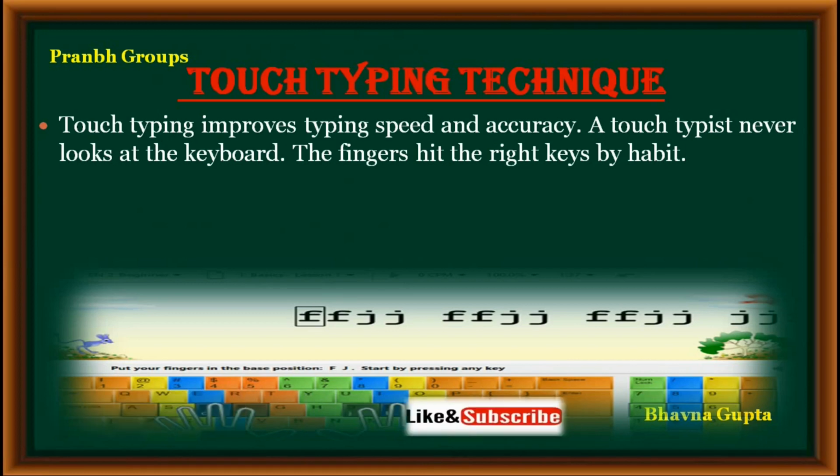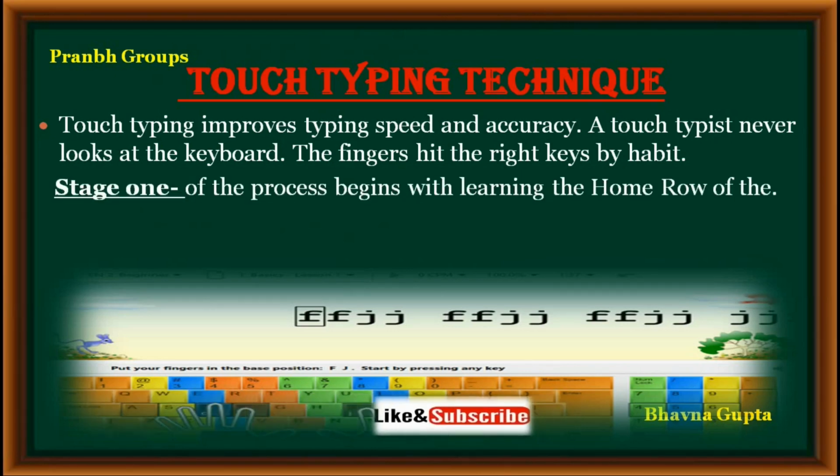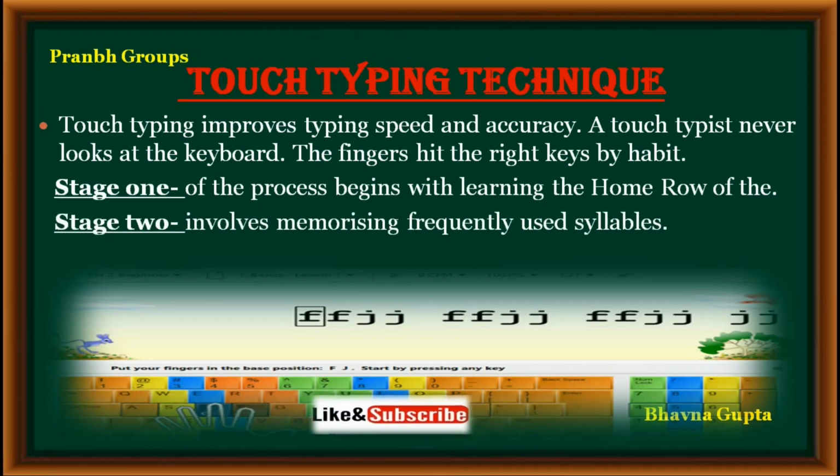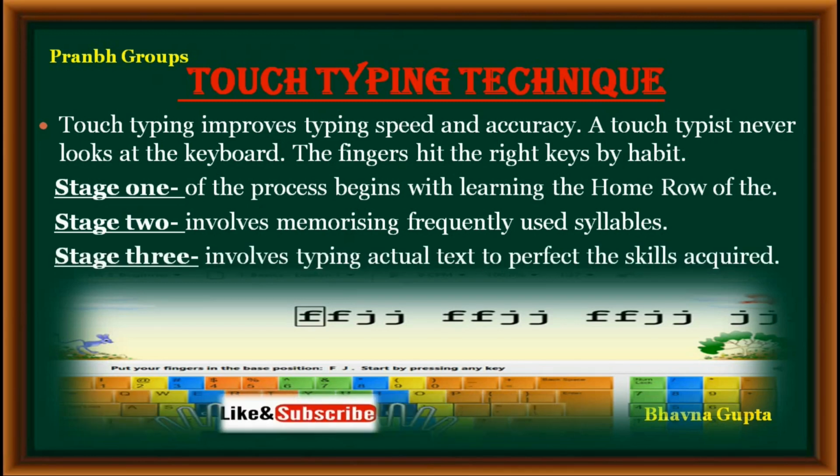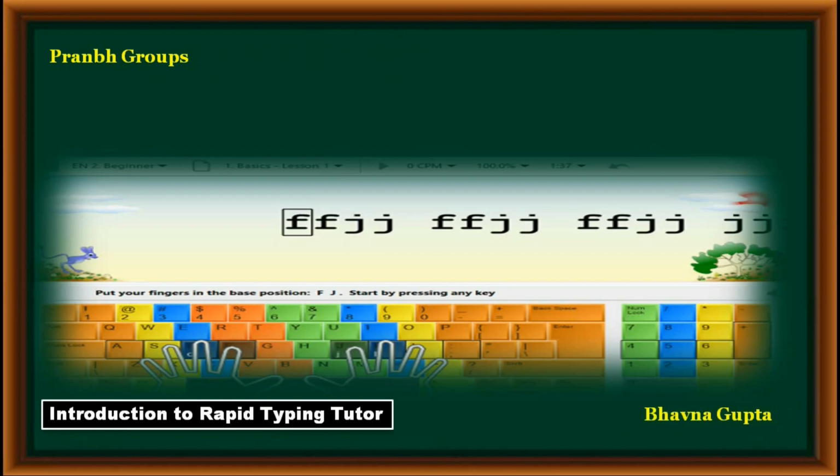The touch typing technique can be divided into three different stages. Stage 1 begins with learning the home row of the keyboard. Stage 2 involves memorizing frequently used syllables, and stage 3 involves typing actual text to perfect the skills acquired.